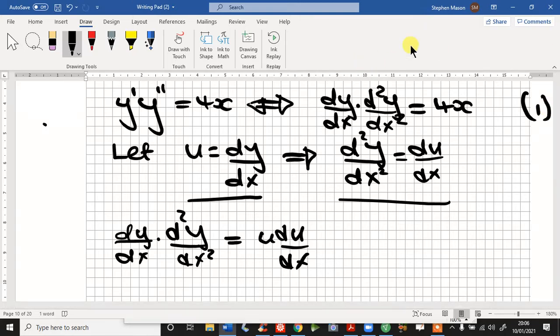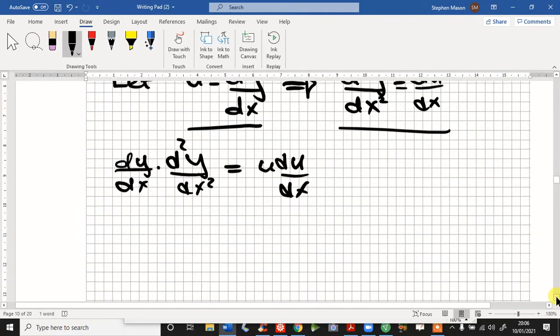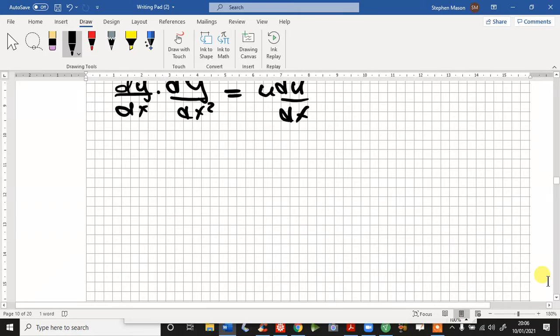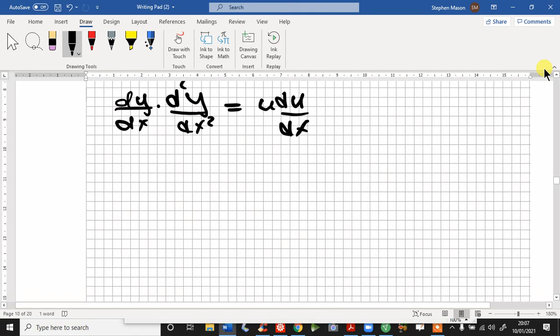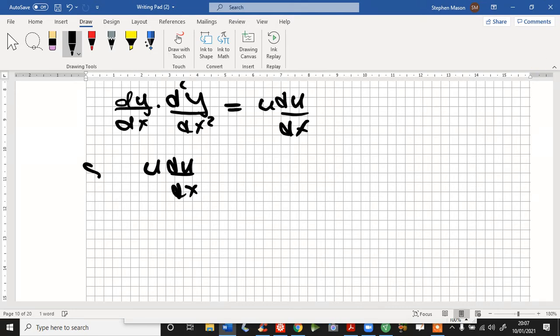So we can substitute this u du by dx into the left-hand side of equation 1. So we get u du by dx is equal to 4x.